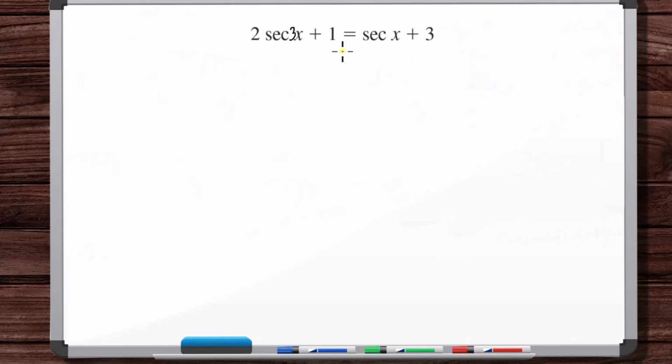It's only a problem if you have it mixed in, like secant 3x and secant x, then you have more work to do. But focusing on single angle now, if we have all the same type of trig function, we just say u is equal to secant x, and we transform it into an algebraic equation. In this case, it's going to be linear again.